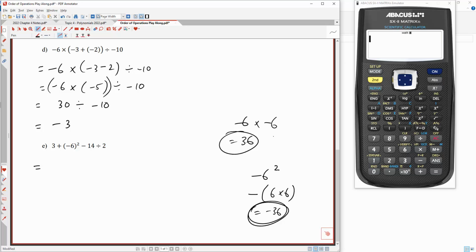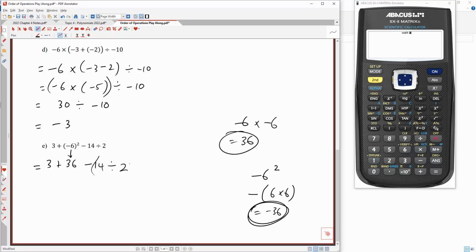So again, just watch out for that. We'll be very careful with that. Alright, so we're going to write 3, and then this negative 6 all squared, as we saw, is 36. I'm going to replace that with 36. Take away 14 divided by 2. Alright, so the next thing that needs to happen is the division.